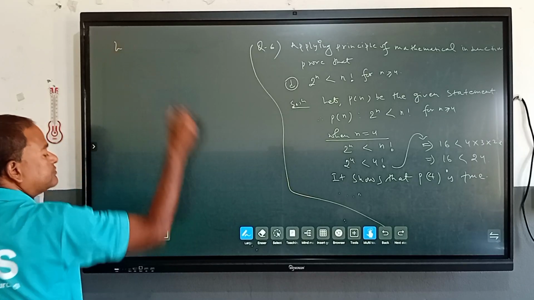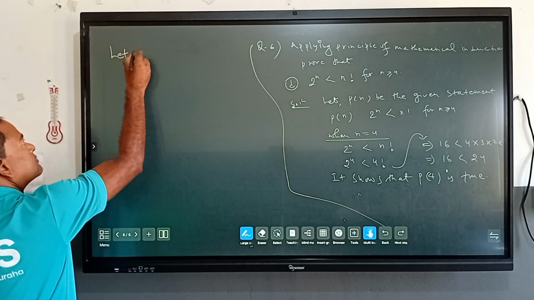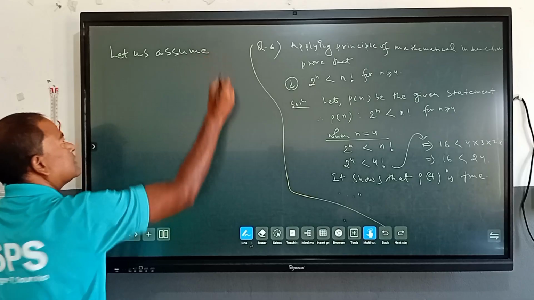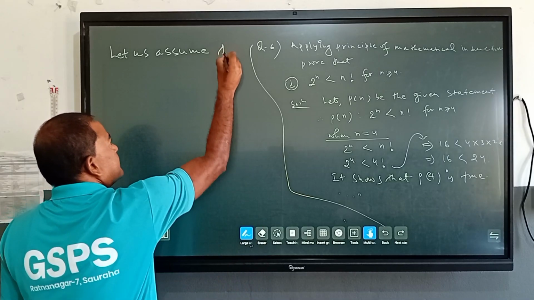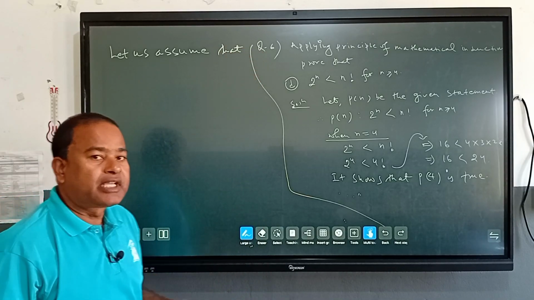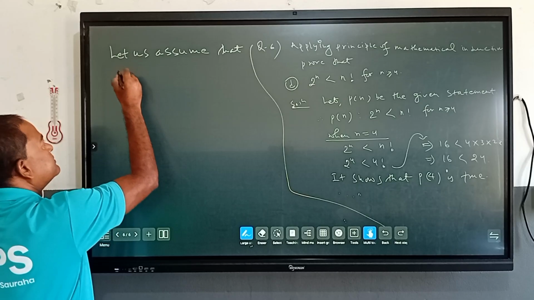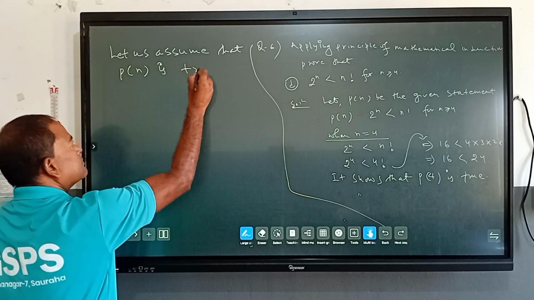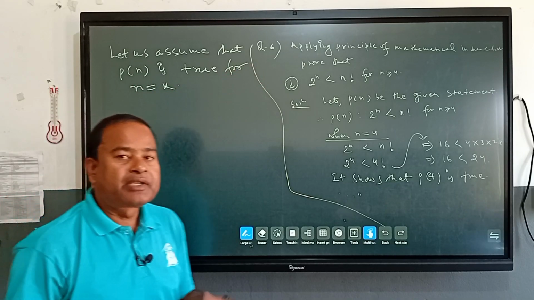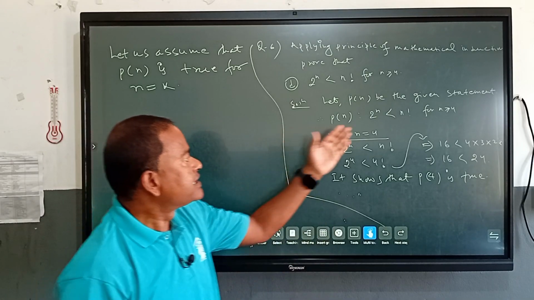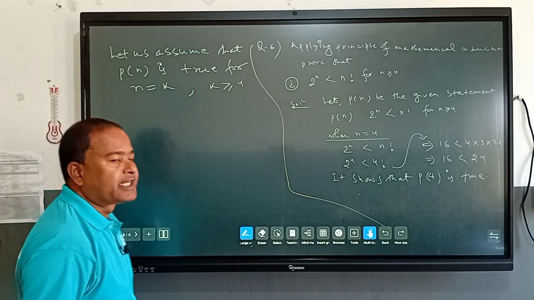Let us assume that Pn, that means the given statement, is true for n equals k, where k is greater than or equal to 4.